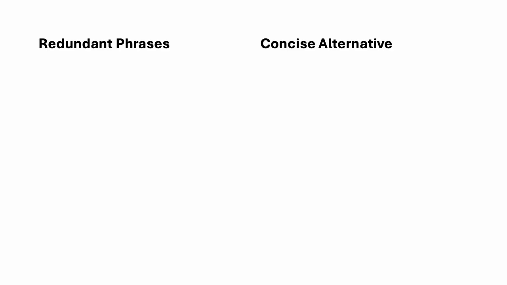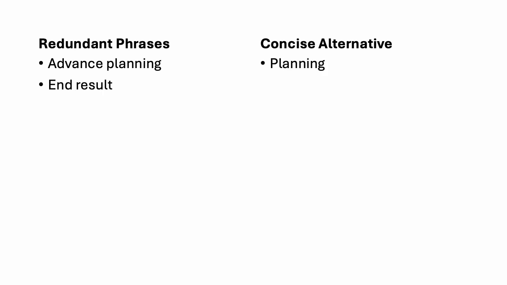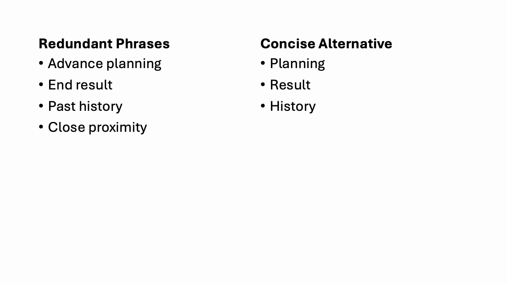So, what exactly is a redundant phrase? Here we have advanced planning. Just planning is your concise alternative. End result. Just result. Those other words aren't adding any value to what it is that you're saying. Past history. Just history.